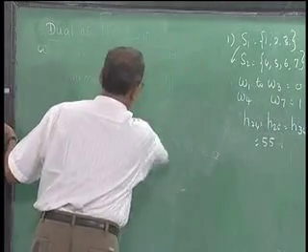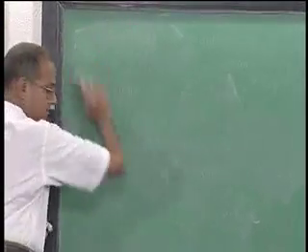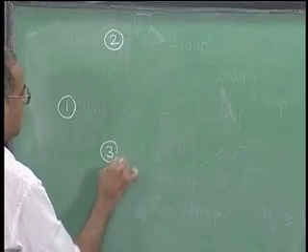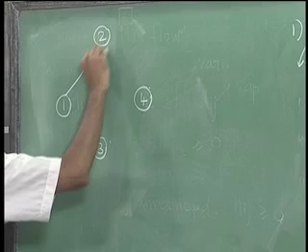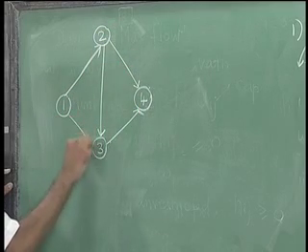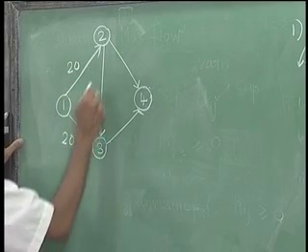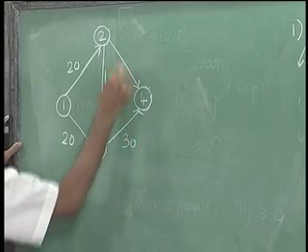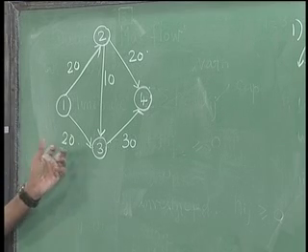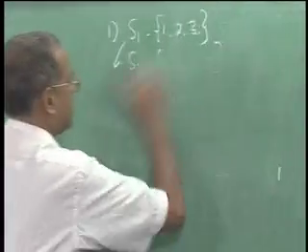Let us take a simple network here, so that we can illustrate the labeling algorithm better, and then try to do a labeling algorithm which will help us get the flow augmenting paths.